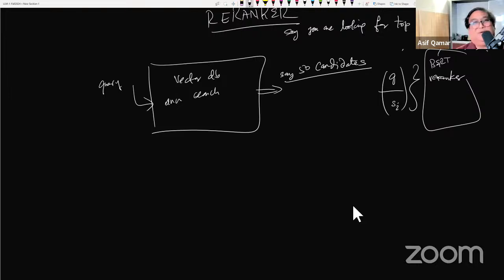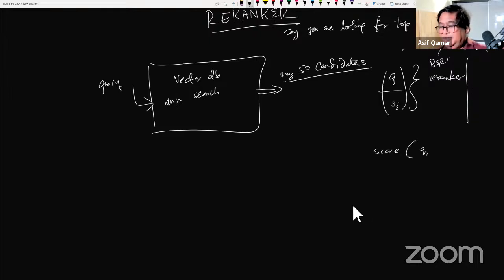But I'm using BERT because we did the BERT architecture. Now what can I do? For each of them, it will produce a score for Q, S_i, and all I need to do is sort the scores and pick those documents which have the highest score and move them forward, isn't it? So I can do this just to improve my semantic search.